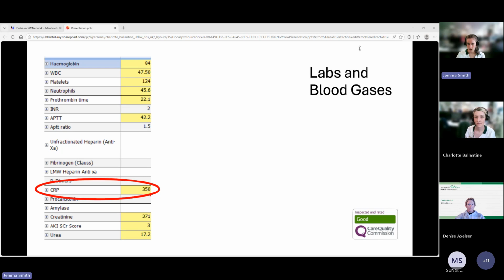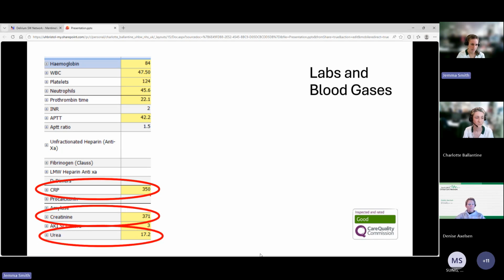Okay. So yeah, we've said raised CRP, white blood cells, urea, and the other one I probably pay attention to is your creatinine as well.